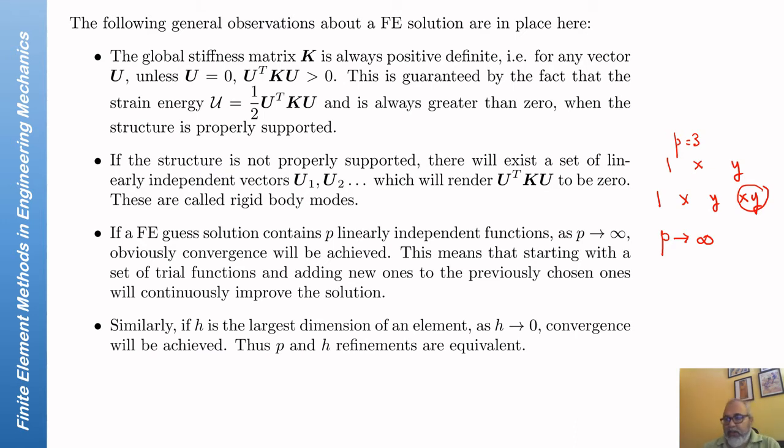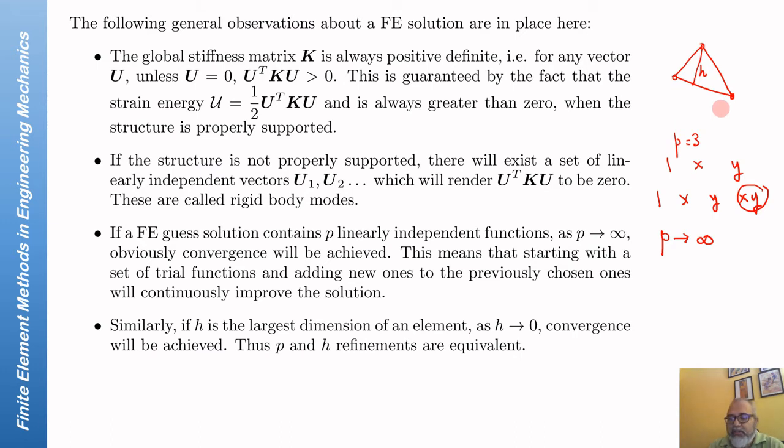Similarly, if you have elements like this in your mesh, and some dimension, let's say this height is h, some dimension of this element is governed by this number h, then as h tends to 0, you have infinitesimally small elements.